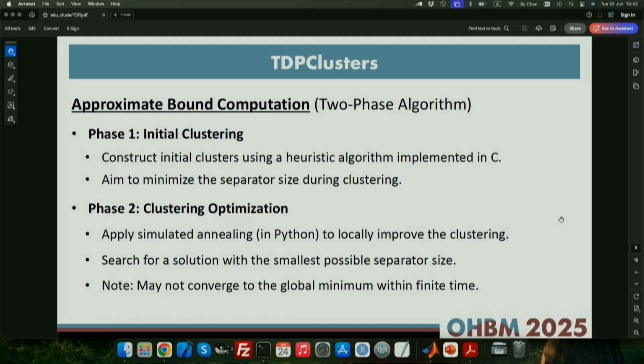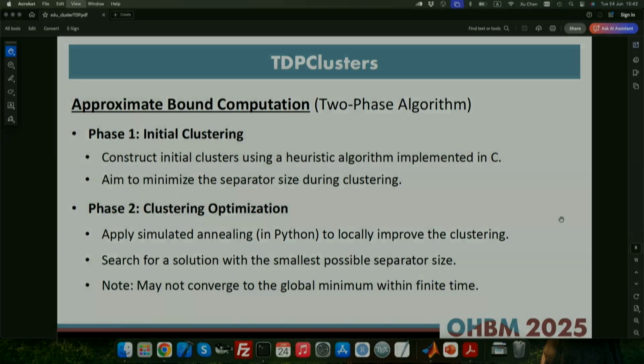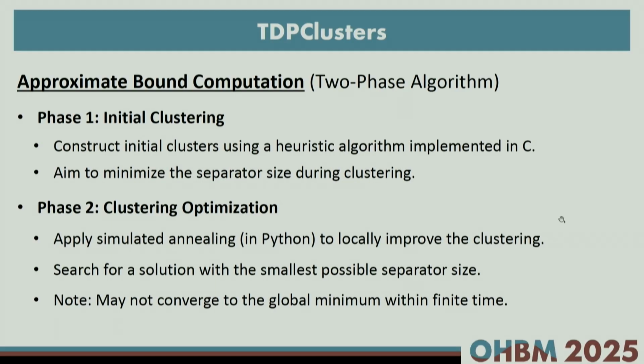So the second algorithm that I am going to introduce is called the TDP clusters. This is based on an approximate 2-phase algorithm. The first phase is to find the initial clustering using a heuristic algorithm aiming to minimize the separator size. So the first phase gives you a suboptimal solution to the k-separator problem.